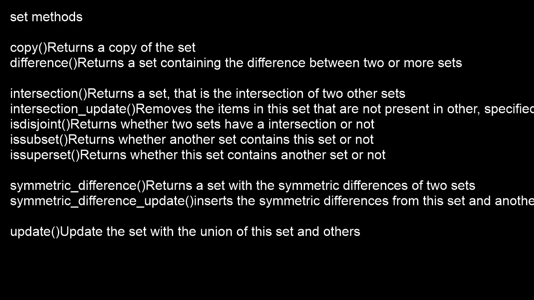So all these are actually set methods, and they try to resemble the set idea in mathematics. And you can also see symmetric difference, which returns a set with the symmetric differences of two sets. And symmetric difference update is there to insert the symmetric difference from this set and another. And there is update, which is used to update the set with the union of this set and others. So these are the other set methods used in the Python set.